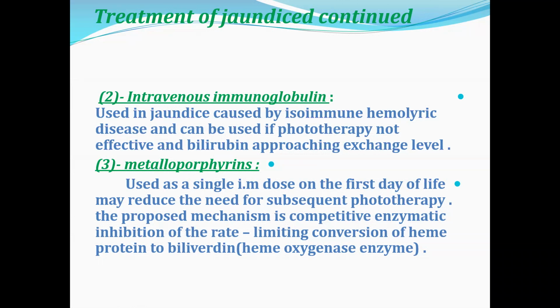As we said, in the metabolism of bilirubin, after the destruction of hemoglobin, the heme is converted to biliverdin by the action of the oxygenase enzyme. Here, metalloporphyrin inhibits this enzyme, and as a result we have less biliverdin and then less bilirubin. It can be used for all types.